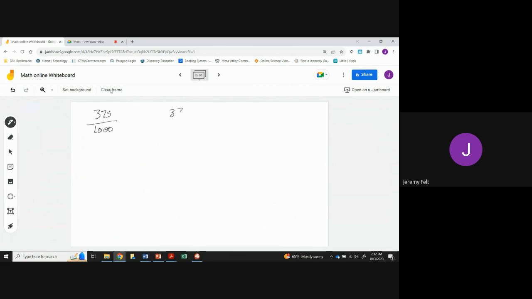Again, we can go with whatever you want to start with. 375 ends in a 5, so we know 5 goes into it. We know 5 is a prime number. 375 divided by 5 is 75, with 75 circled.